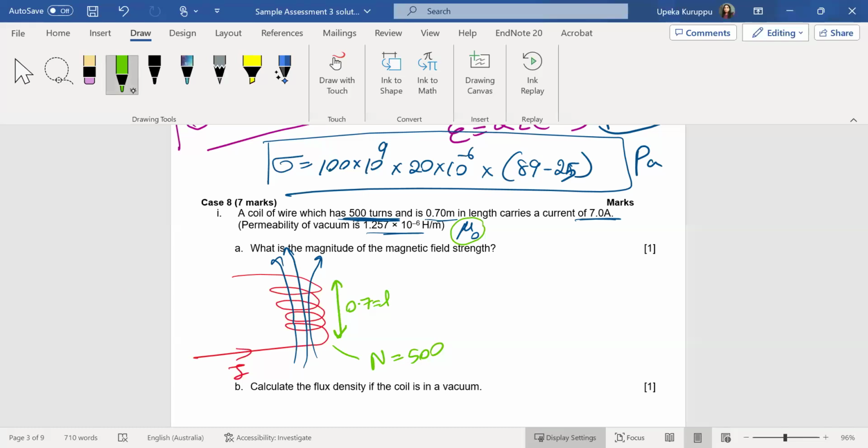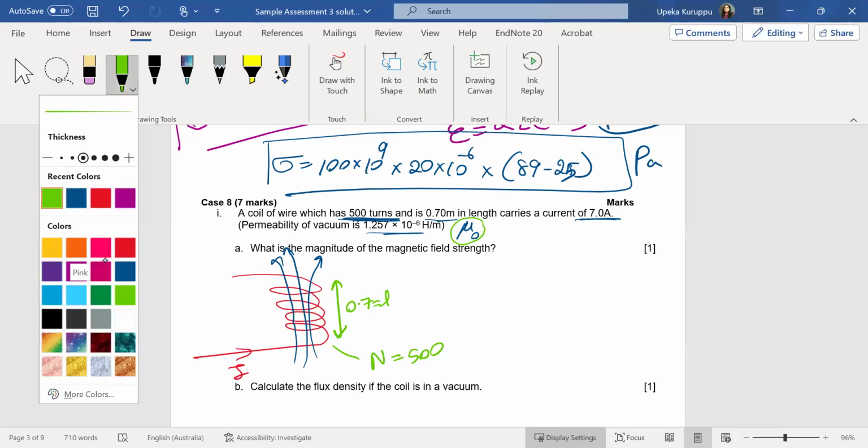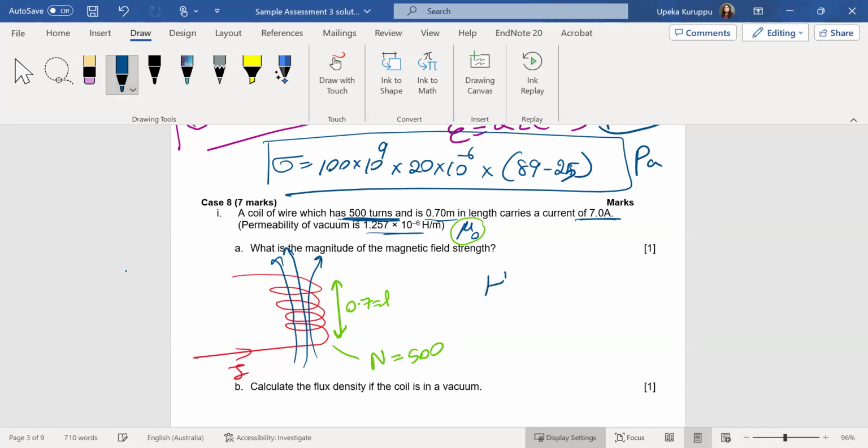So this field created by this current carrying coil can be found using this equation. So H is equals to, you can look at your equation sheet, mu times I over L, is that right?